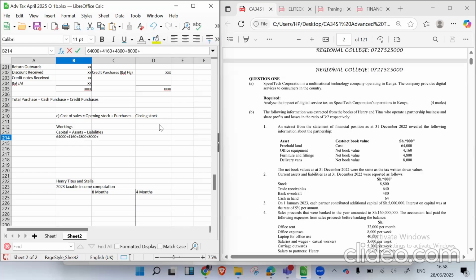In note number 2, current assets and liabilities ziko up. We don't have any liability in note number 1. So we have 8,800. We also have receivables of 640. We have cash in hand of 64. And we subtract the bank overdraft, which is a liability of 480.